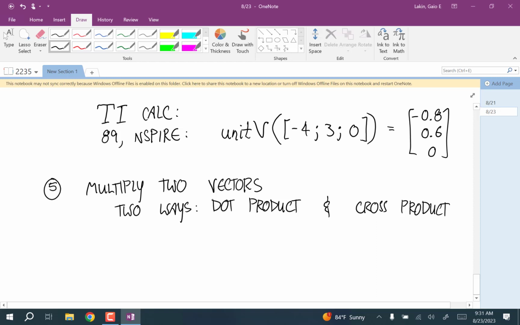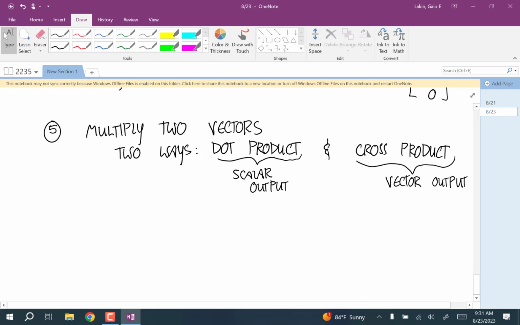The most important thing to remember about these is that the output of a dot product of two vectors is a scalar. It's a number. And the output of a cross product is a vector. Okay, so the first one is the dot product.